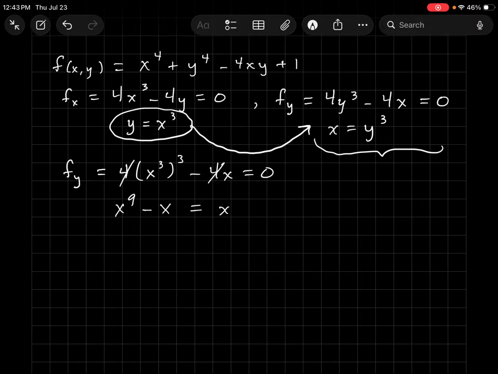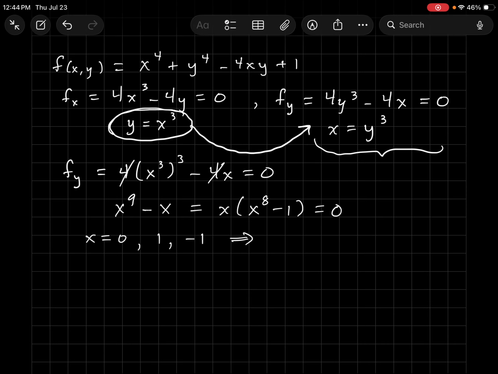But let's just factor out that x first. So we have x times (x to the 8th minus 1) equals 0. And if we do a little bit of work, we see that x equals 0, or 1, or negative 1. Now, we got x equals 0, 1, negative 1.